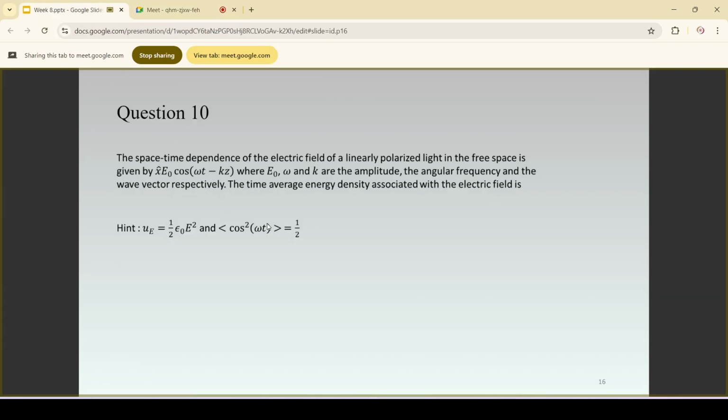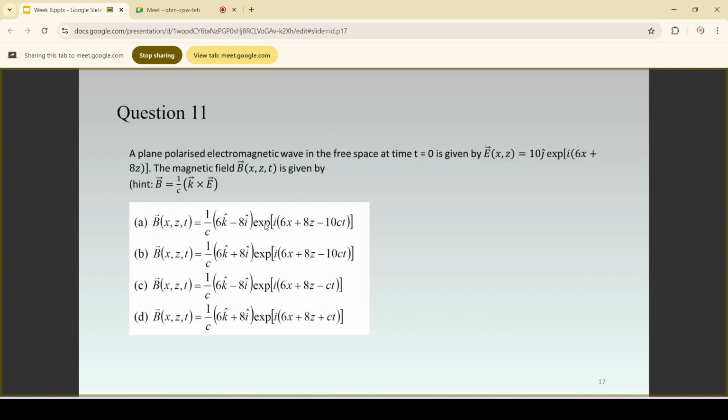So the next question is: a plane polarized electromagnetic wave in free space at time t equal to 0 is given by E of x, z is equal to 10 j times exponential of i into 6x plus 8z. So it's a function of both x and z, but the magnitude is in the y direction, and it's propagating along the x and z direction.